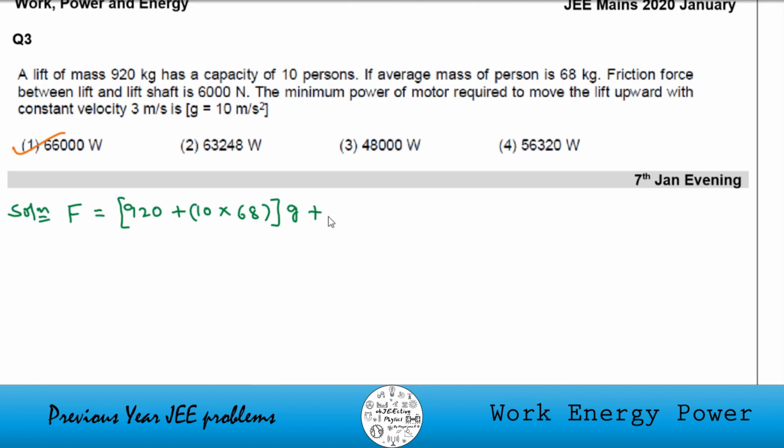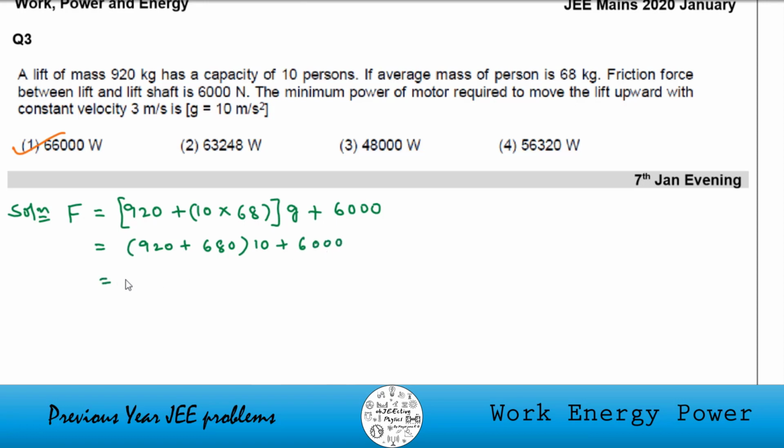While the lift is moving vertically upwards, frictional force is also acting in the downward direction, that is given 6000 Newton. So that is equal to 920 plus 680 into g value 10 plus 6000.